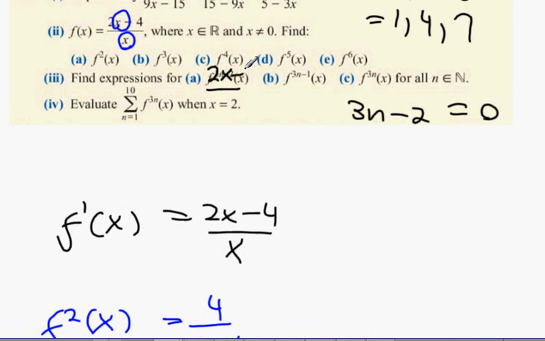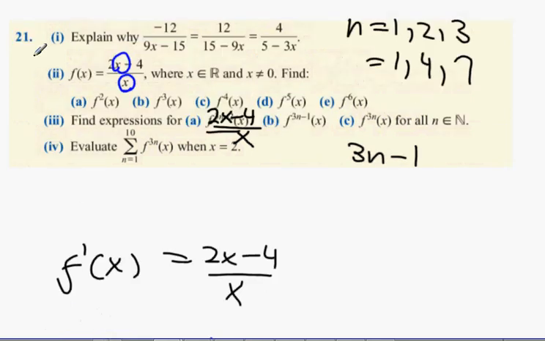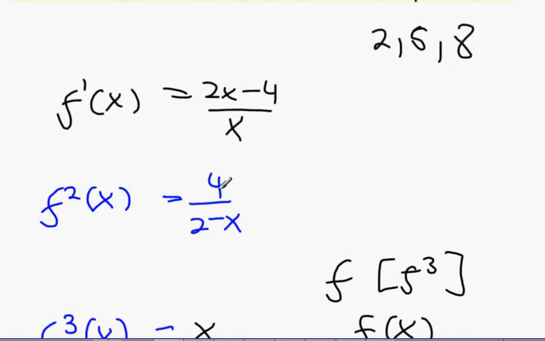What does 3n minus 1 represent? 3n minus 1 represents 2, 5, and 8. When you replace n with 1, 2, and 3, you get 2, 5, and 8. And the answer for 2, 5, and 8 is 4 minus 2 minus x, and then 5 is 4 bracket 2 minus x over 2.